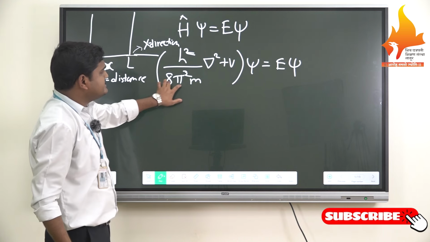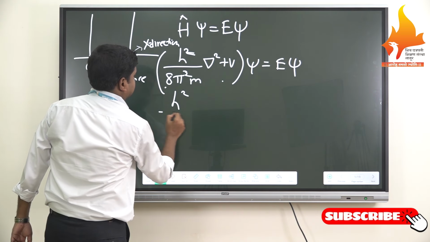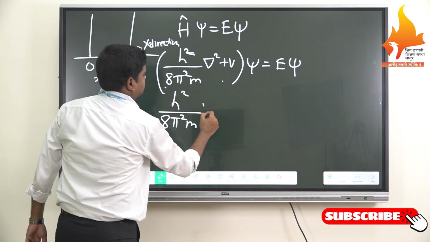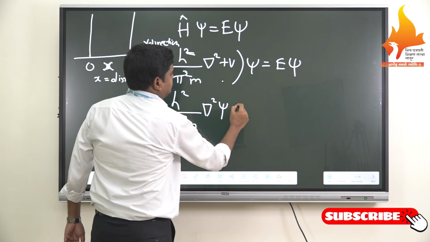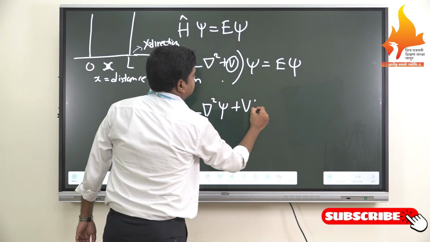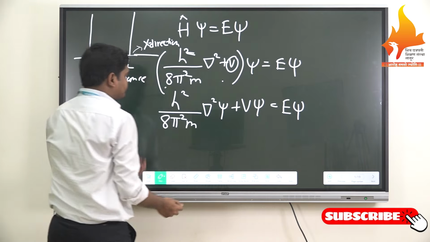So first we separate these two terms with respect to psi, that is h square divided by 8 pi square m into del square psi plus the potential energy term is equal to the total energy term.